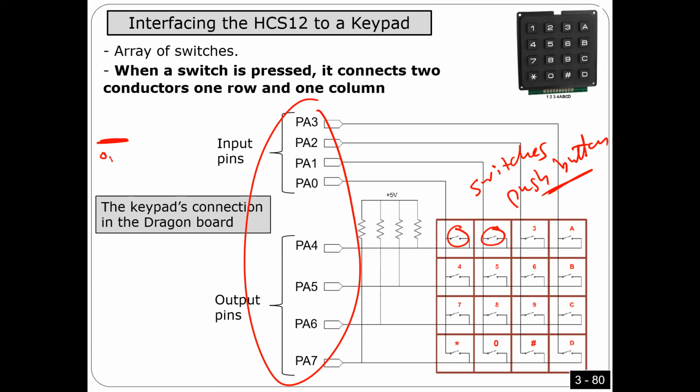Originally it is an open circuit, and when you press the button, you make a short circuit. When I press and hold, I keep the short circuit. Once you release the button, it becomes open again.